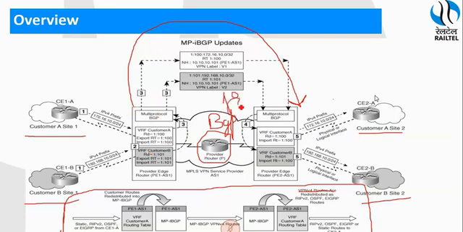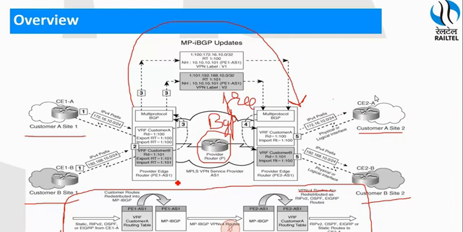Without this IBGP concept, all customer routes would also be maintained by P routers. So with this IBGP routing protocol, I am not going to maintain the customer routes in the MPLS routers. To that extent, the routers remain light. The routing table is very light.